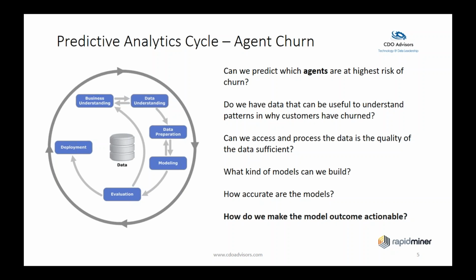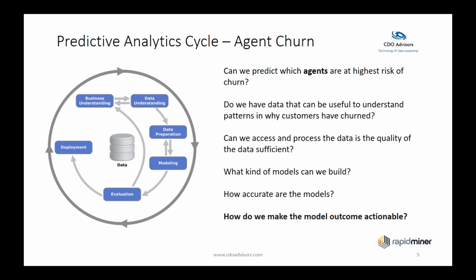So in this case, I just want to quickly go through agent churn. The business case is, can we predict which agents are at the highest risk of churn? So that's the business question that we're trying to answer. And then the next logical thing is, do we have data that can be useful to understand patterns and why the agents have churned? And then can we access and process the data, and is the quality of the data sufficient?